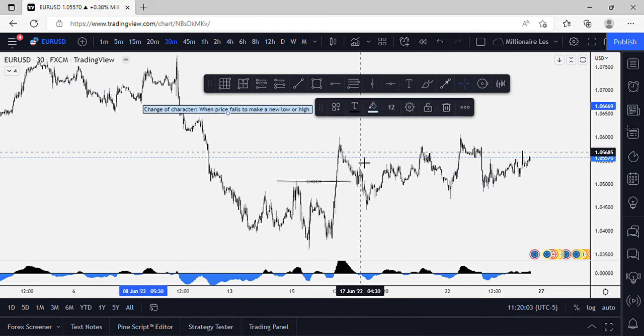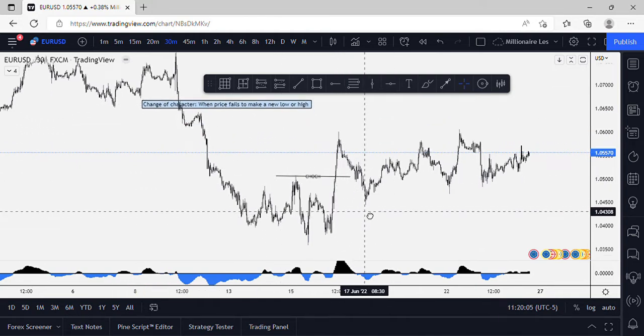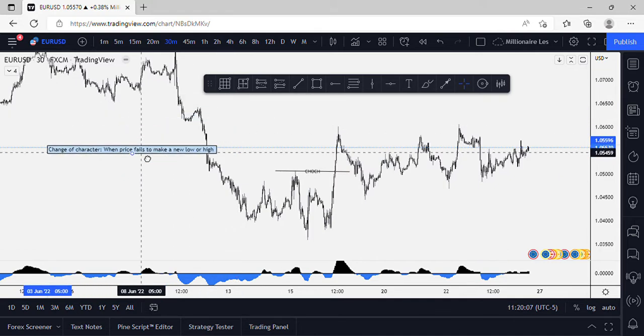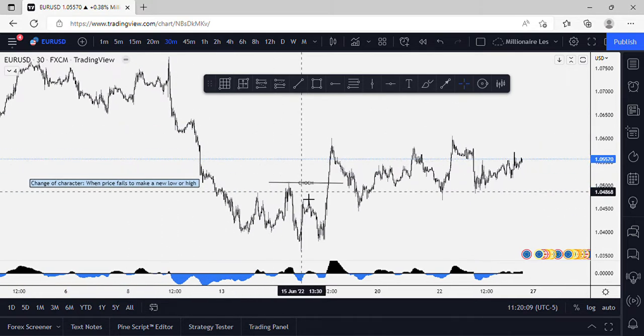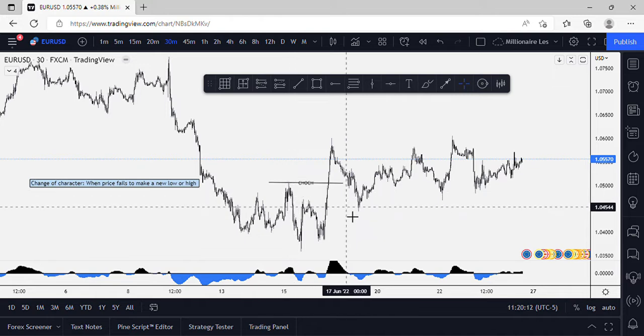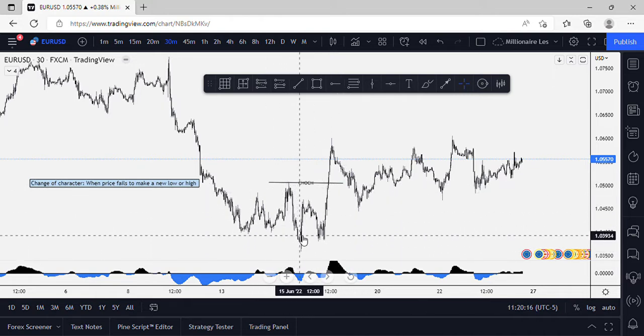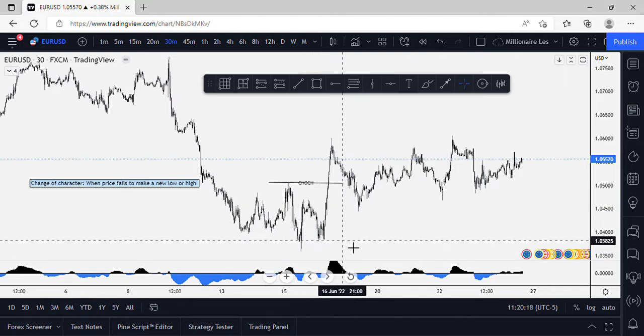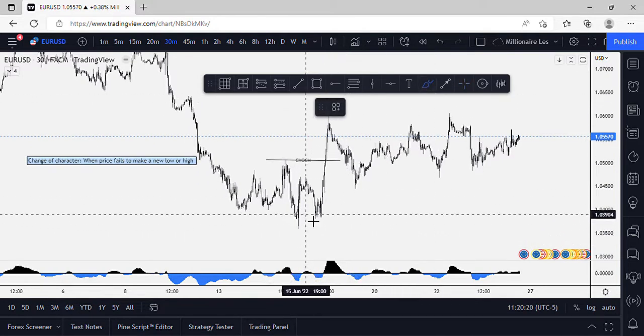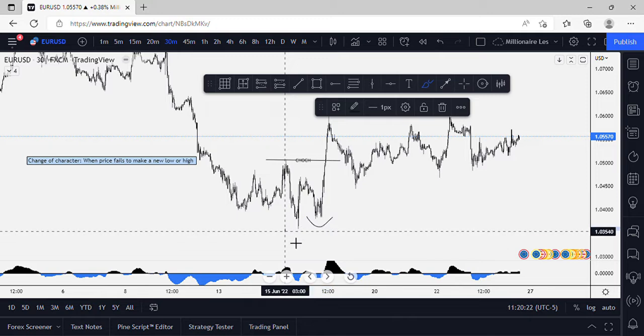Now, the change of character is different from a break of structure because a change of character happens before the break of structure. So this would be a change of character when price fails to make a new low or high. It goes up, has your impulse down, goes up, has your impulse down. This did not make a new low. This was your low down here.